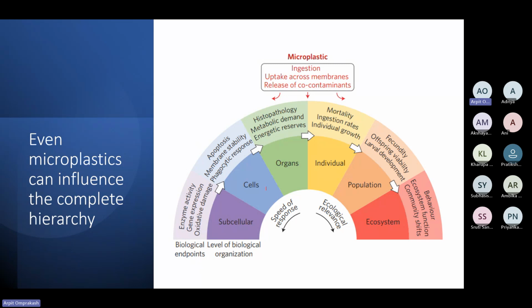It might also alter membrane stability and the phagocytic response of cells. Right. Then, as we move forward to organs, there might be histopathology issues. Histopathology is basically relating to the tissue, the issues that come up in the tissues.